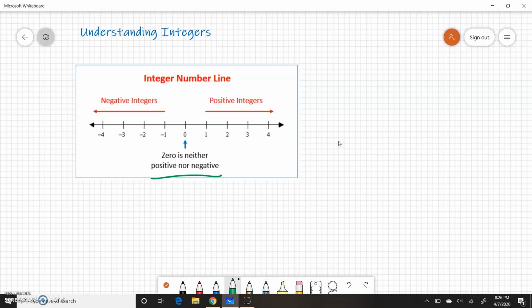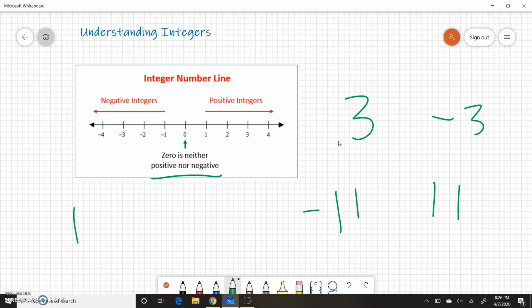So one fairly easy concept to understand is the idea of opposites. An opposite is the positive and the negative version of the exact same number. So for example, if I have the number 3, the opposite of 3 is -3. If I have -11, the opposite of -11 is +11 or 11.